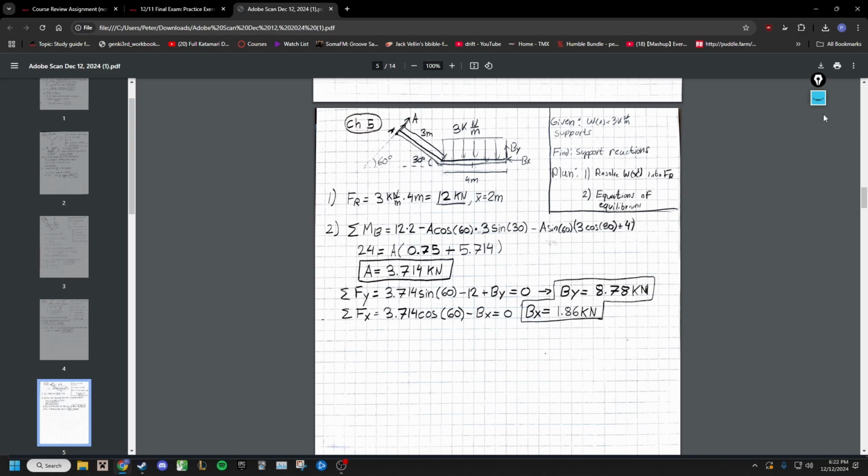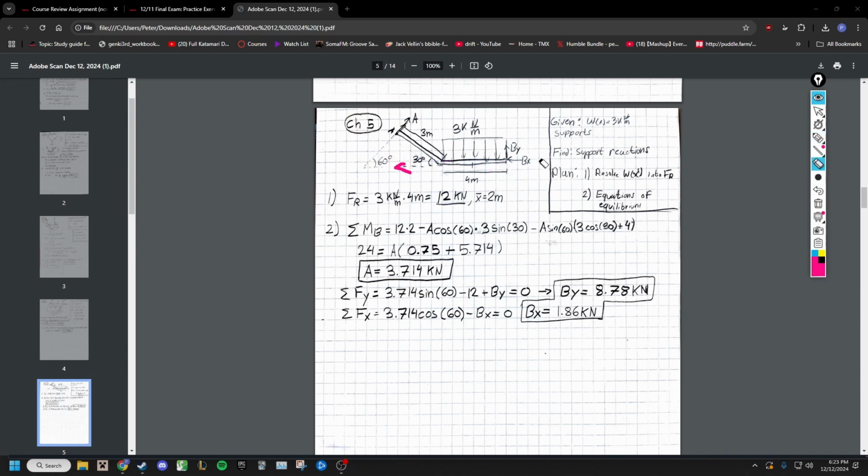And to find A, or just to find this moment, to resolve this, we have 12 kilonewtons acting at a distance of 2 meters, and then we have the x component of this force here, which would be A cosine 60 times the y distance from this, which would be 3 sine 30, and then the y component times the total dx, which would be 4 meters, plus this distance here, which would be cosine 30 times 3 meters.